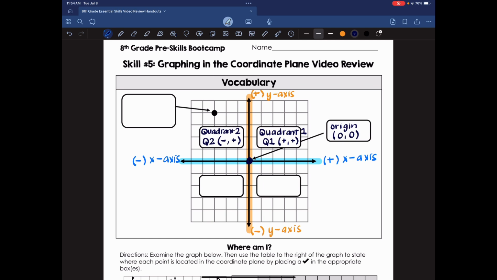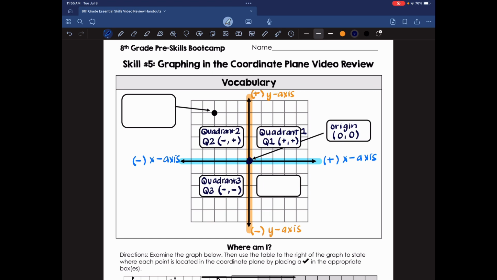Then continuing counterclockwise, I meet quadrant 3 down here. Again, this is Q3. If I think about my x's and my y's, this quadrant is made up of my negative x values and my negative y values. So this would be negative, negative for our coordinates.